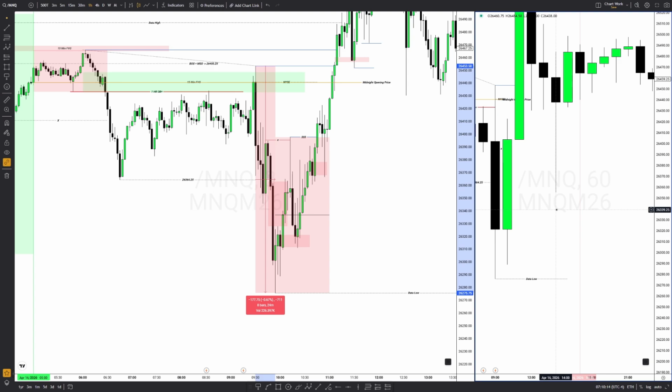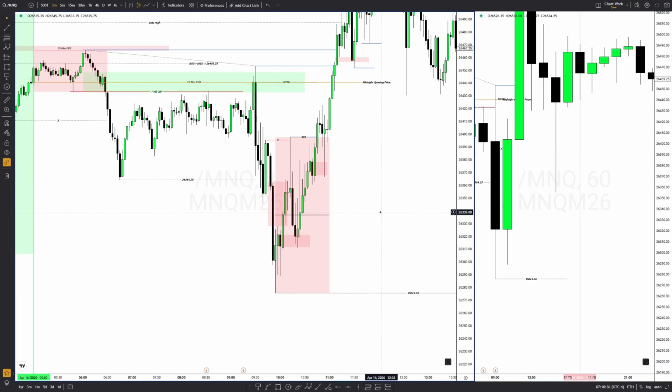But initially, let's say you do catch your little 70 points or whatever out of the range, from wherever you got in, and you're just using one contract. Those 70 points literally just made you $1,400. And you're done just off of that initial leg going down lower. You don't need anything else. At that point, you're just trying to gamble.